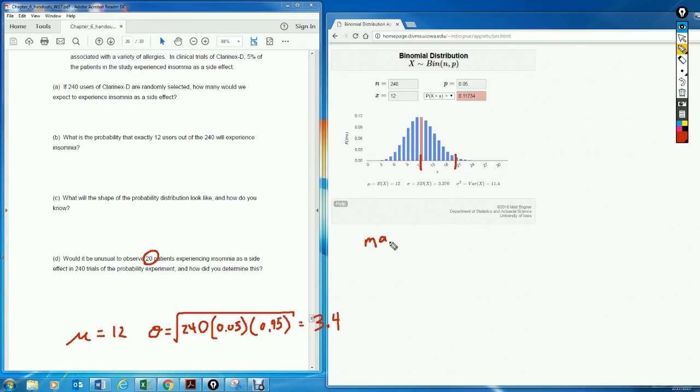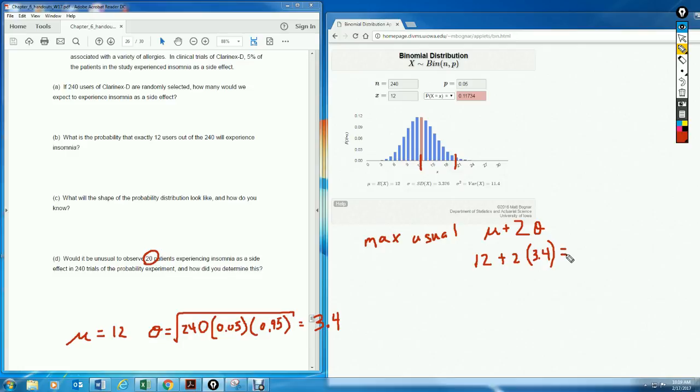And like I showed you when we went over the empirical rule, the max usual, using the empirical rule, would be mu plus 2 sigma. All right, so if I take my mean, which is 12, plus 2 times, we just calculated that sigma is 3.4.